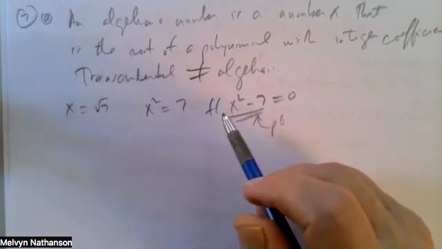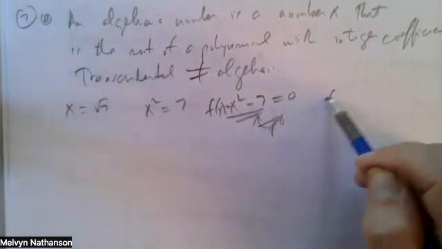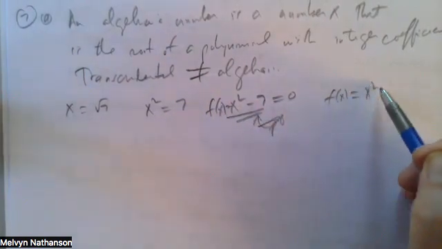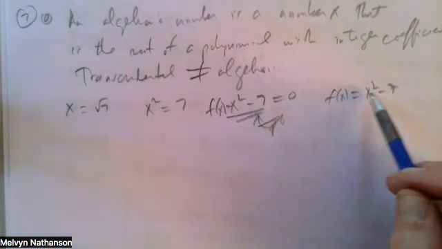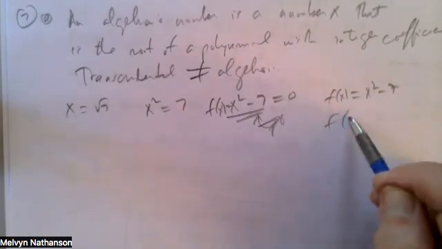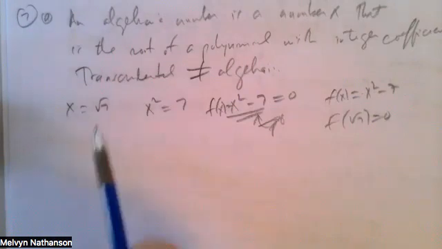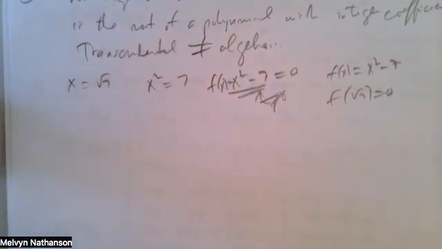I call this f of x. f of x is the polynomial x squared minus 7. The coefficients are 1 and minus 7. They're integers, and f of the square root of 7 is 0. So the square root of 7 is algebraic.